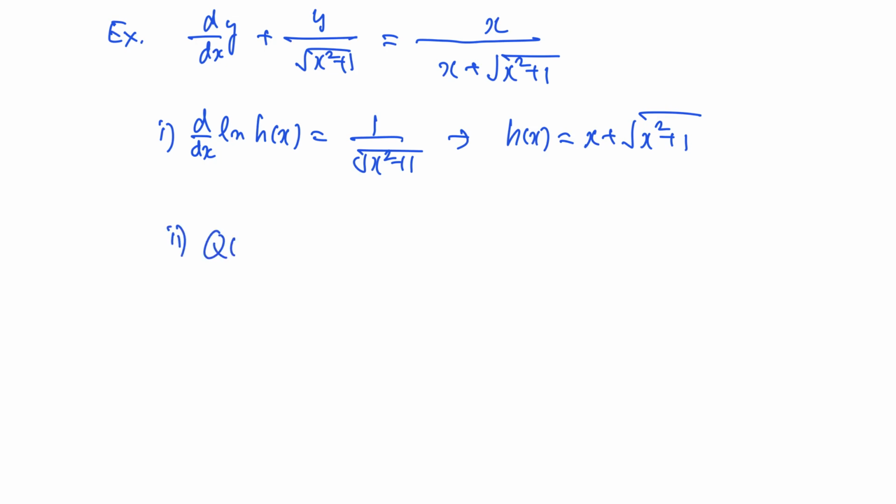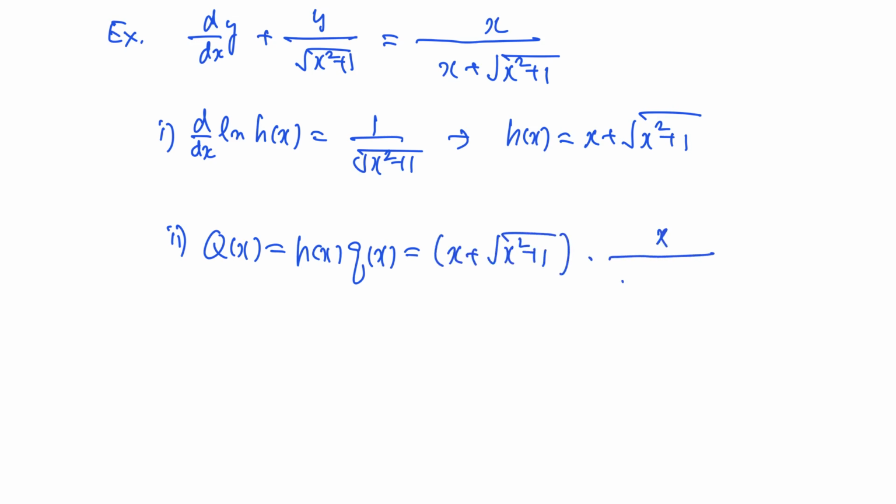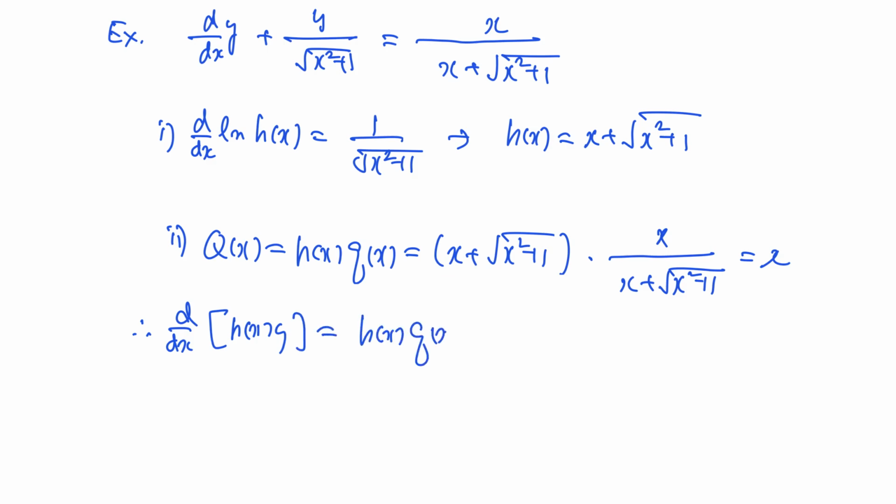Secondly, h(x)q(x) is x plus square root of x squared plus 1 times x plus square root of x squared plus 1, which is x. Hmm, so d/dx h(x)y is h(x)q(x), q is x.